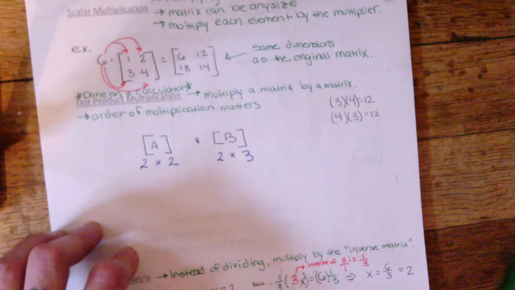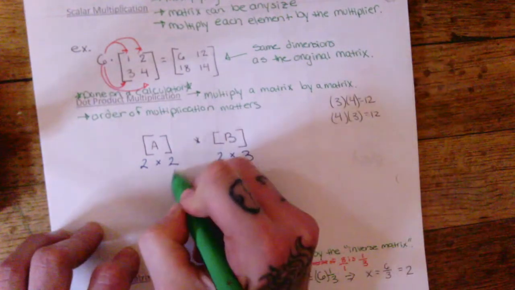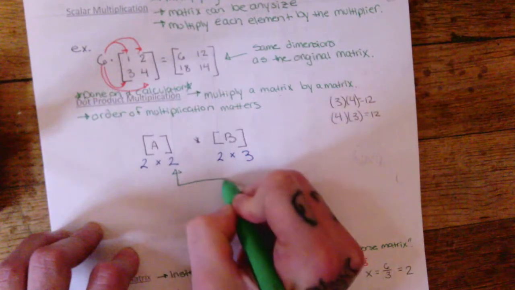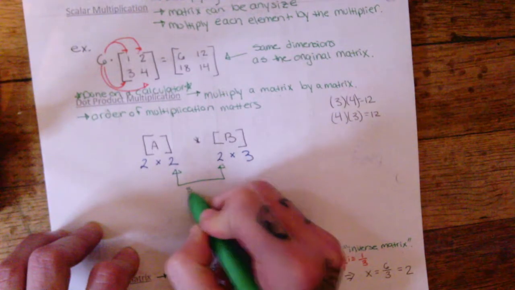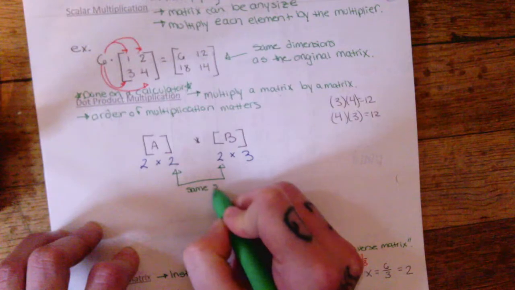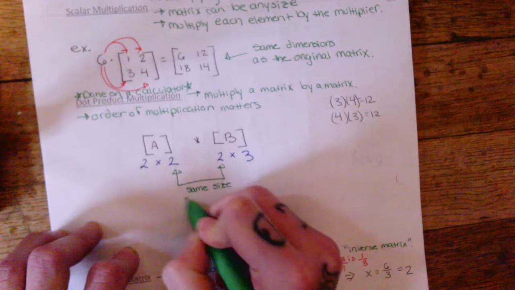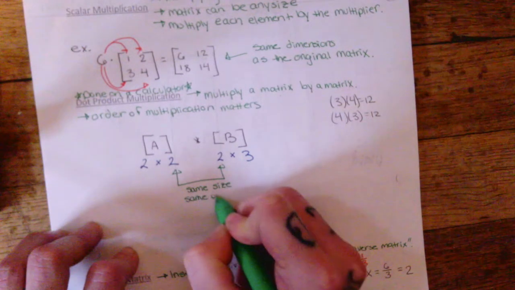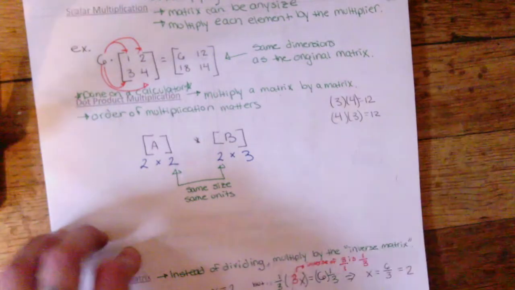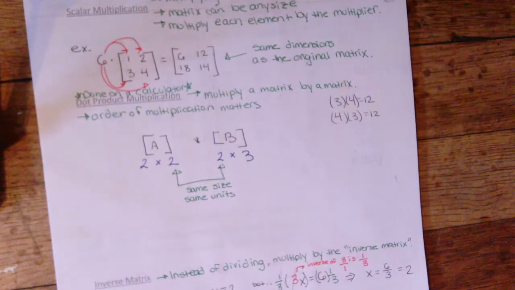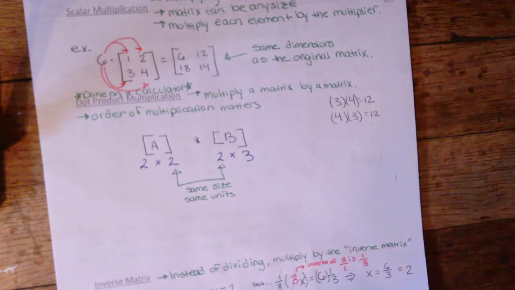So long as these numbers are the same size and same units, this is going to be relevant for you on the assignment that I'm going to post. As long as these are the same, we can multiply them together.